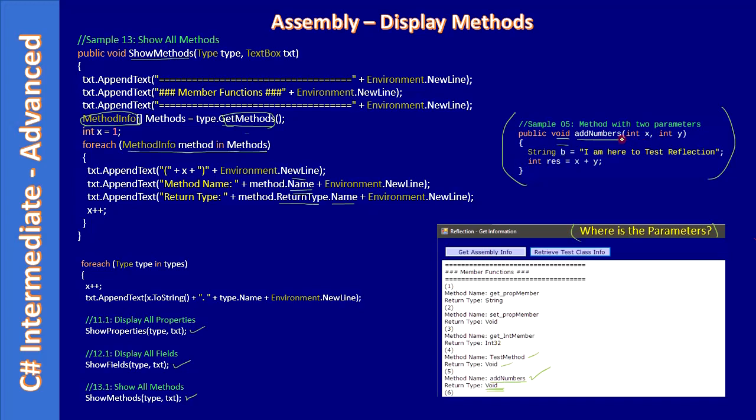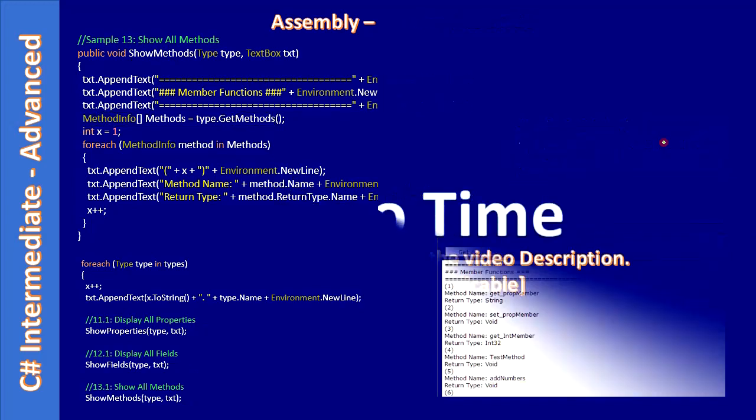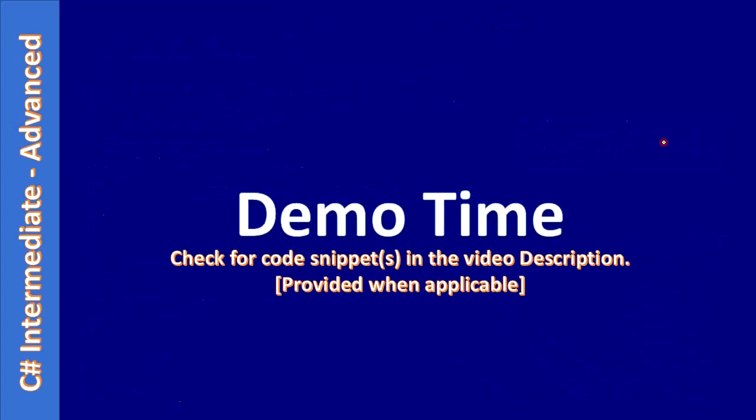When we are displaying the parameters, we need to display parameter name x, parameter type integer, and if there are n number of parameters we need to list all. So that's why we are reserving it for the next video. Now we will go to the demo.